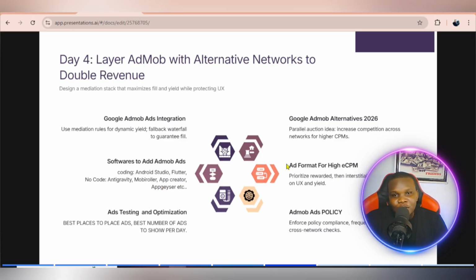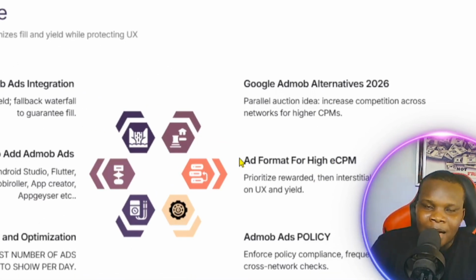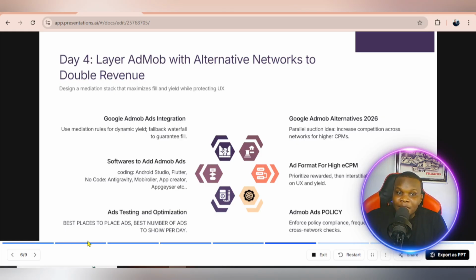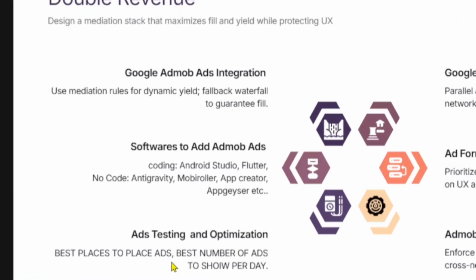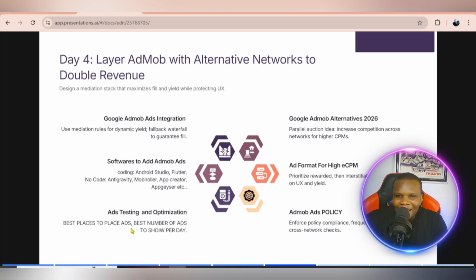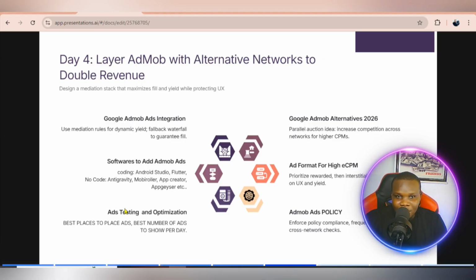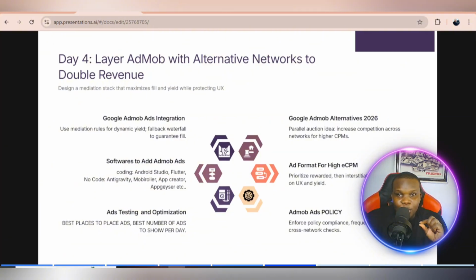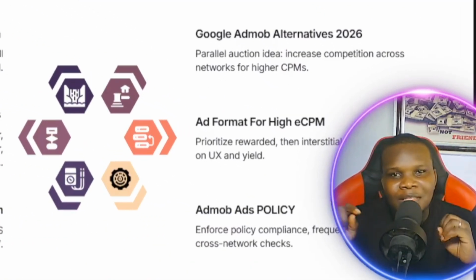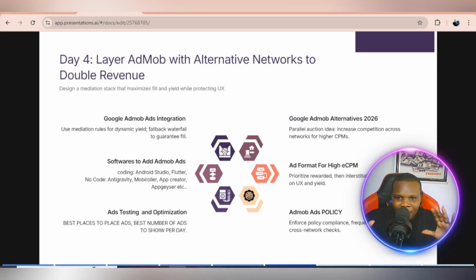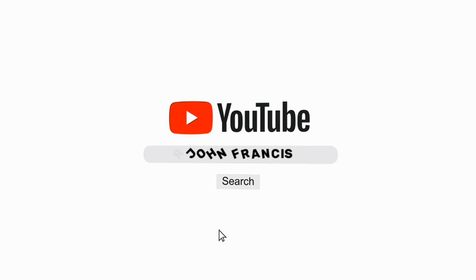The fourth step is to discover high CPM ad formats. In step 5, I'm going to show you how to test your ads, optimize them, the best places to place your ads, and the best number of ads to show in a particular day so that you won't violate Google's policy. I'm going to make it snappy so you can understand everything in full detail. The last one on this list is how to maintain your Google AdMob account, how to follow their policy, what not to do, and what to do to keep your account safer. So without further ado, let's get into the video.